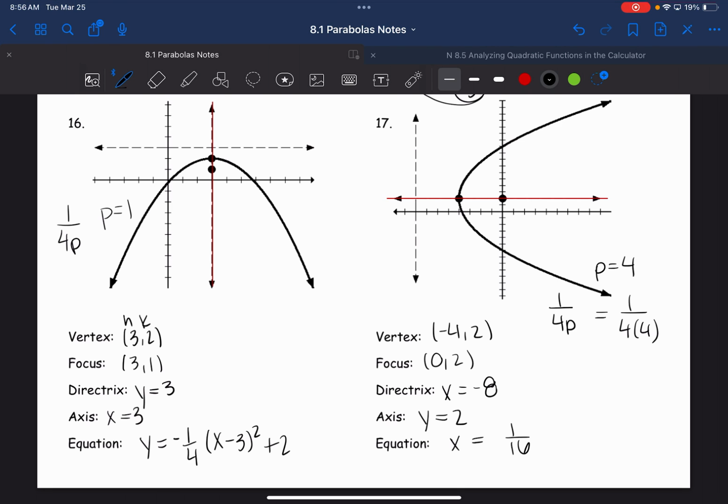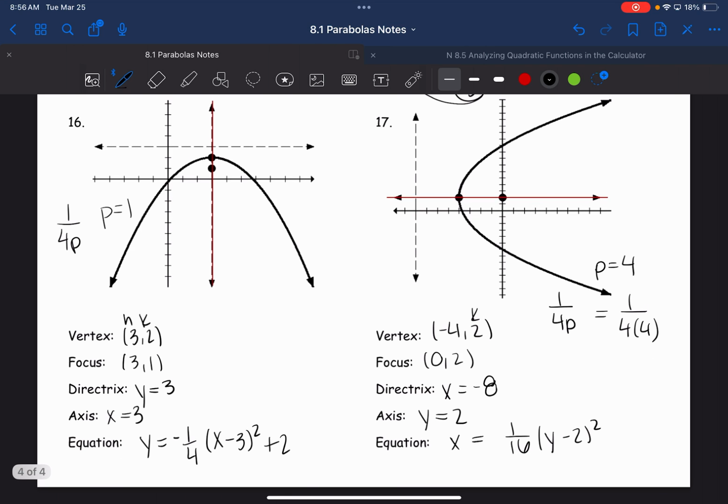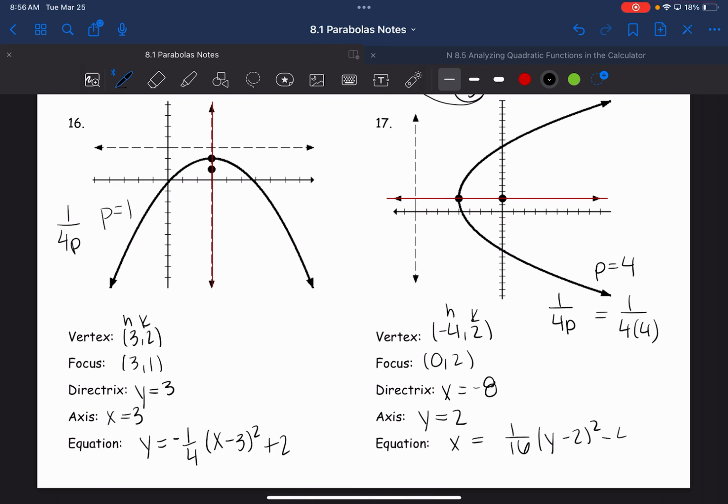Is this one reflected? No. So no need to put a negative in front. Now it is x equals equation because it's horizontal, right? So that means that the k value is going to go in the parentheses. So I'm going to have y minus 2 quantity squared, and then your h goes out there on the end. So you'll have your minus 4 out there.